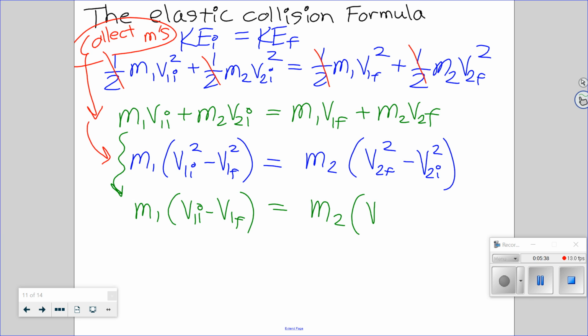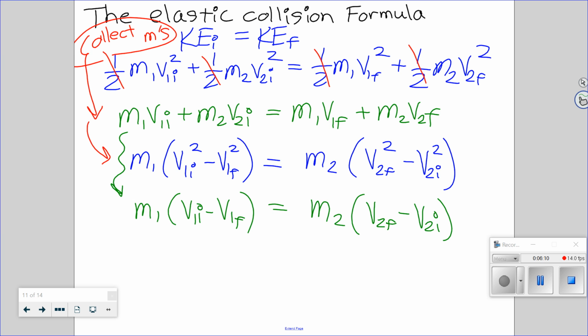V2 final minus V2 initial. So I collected my mass terms, M1 on the left side, M2 on the right side, and then I factored them out of each side. I'm actually almost done. Man, I'm good at this. Do you see what to do? I'll let you keep writing. That's fine.